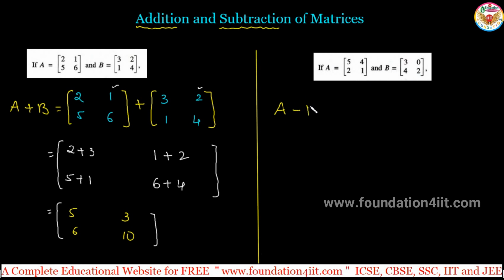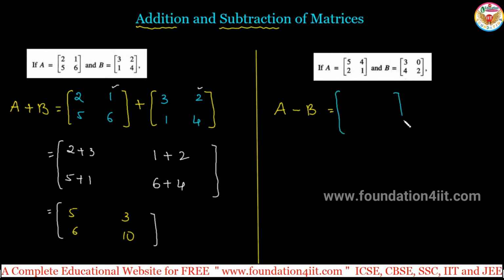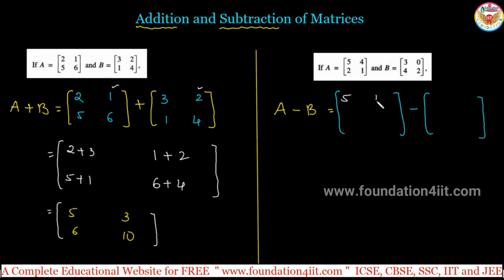Now if you want to subtract A minus B, matrix A is subtracted with matrix B. A is [5 4; 2 1] and B is [3 0; 4 2].